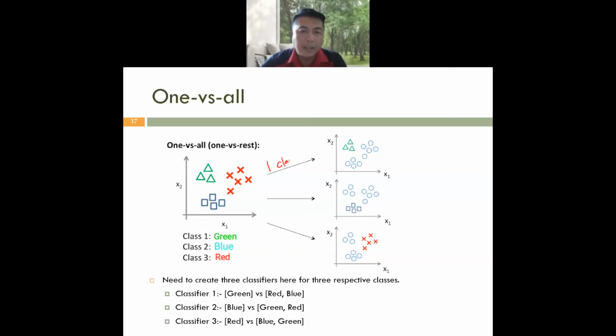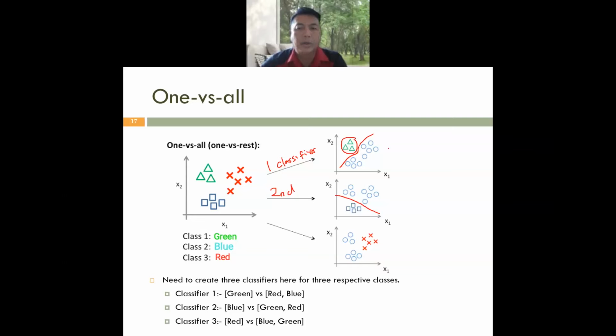This is your first classifier, meaning that we are focusing on this triangle, and the rest will be considered as the other class. Then the second classifier: we will look into this square, and the rest we consider as the other class.